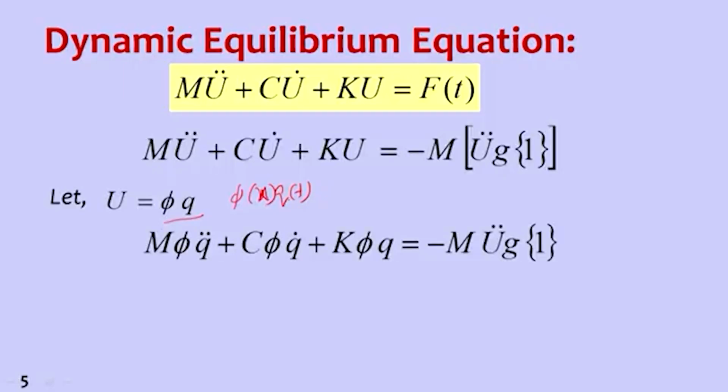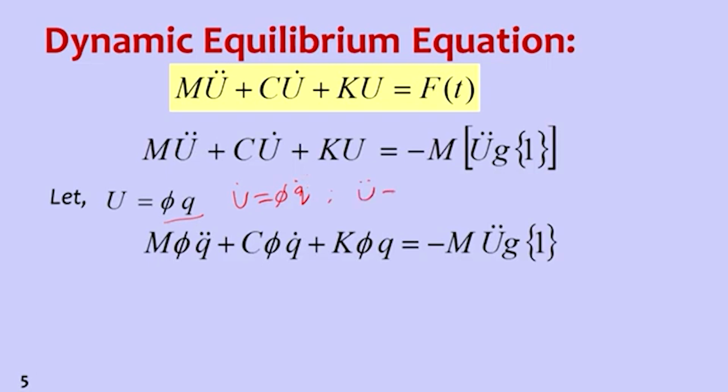Then when we substitute u equal to phi q in the above equation, what we get is m phi q double dot. Why? Because q is the time variable. So u dot is equal to phi times q dot.